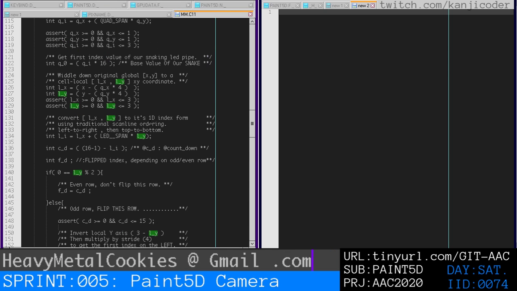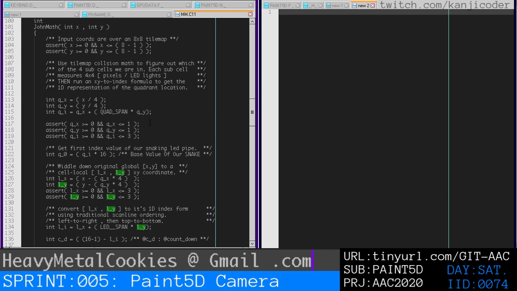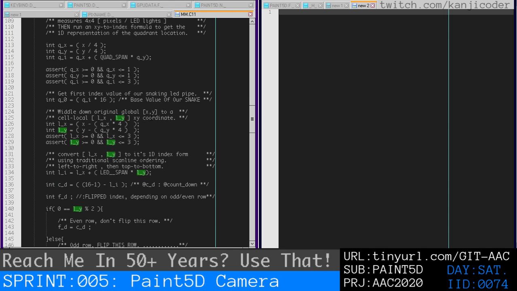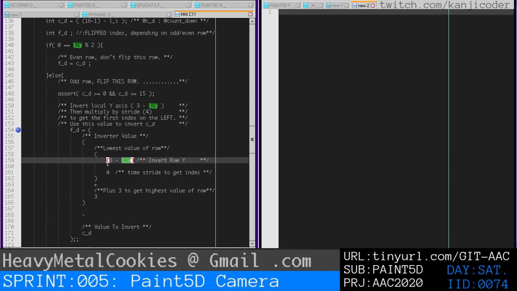Let's look at Ly. So Ly equals the x minus quadrant x times 4. And we're going to invert the row. Multiply by stride.